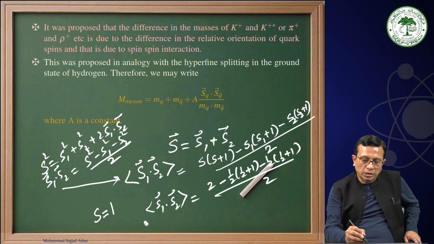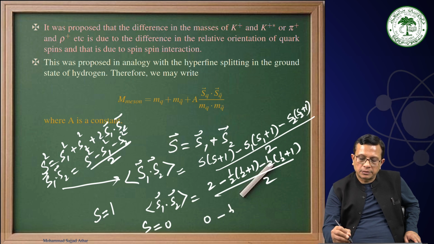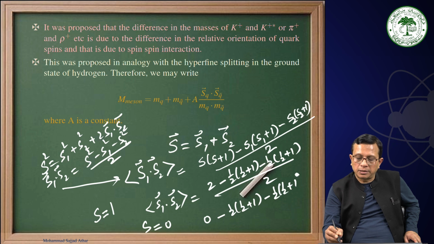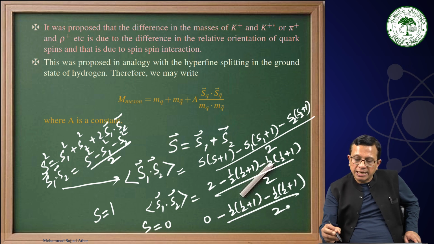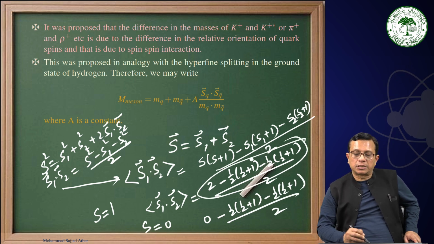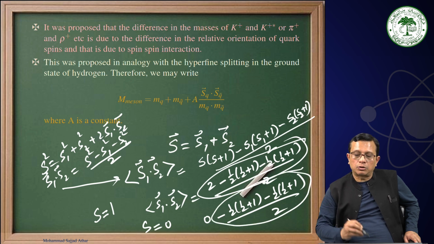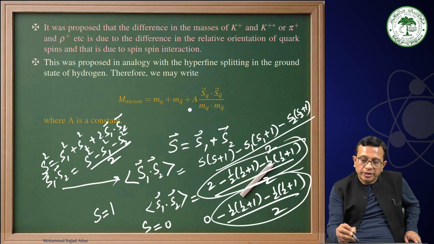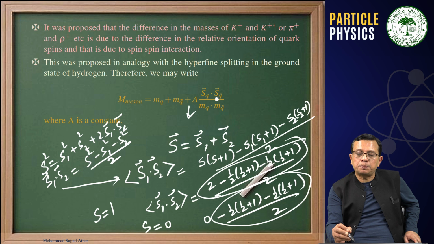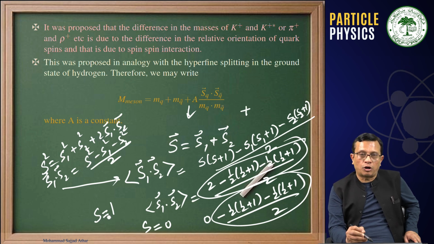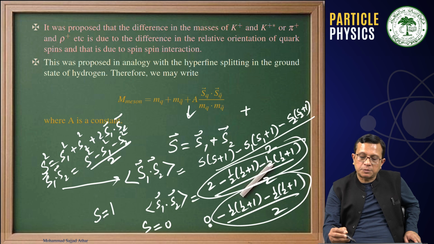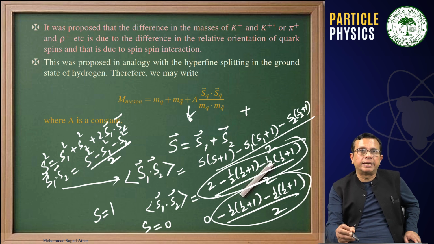And if we are talking about a spin 0 object, this will be 0 minus half plus 1 minus half plus 1 upon 2. You see, this will turn out to be a positive quantity, and this will turn out to be a negative quantity. Therefore, this expectation value will have a positive sign for a spin 1 object, vector mesons, and a negative sign for a spin 0 object.